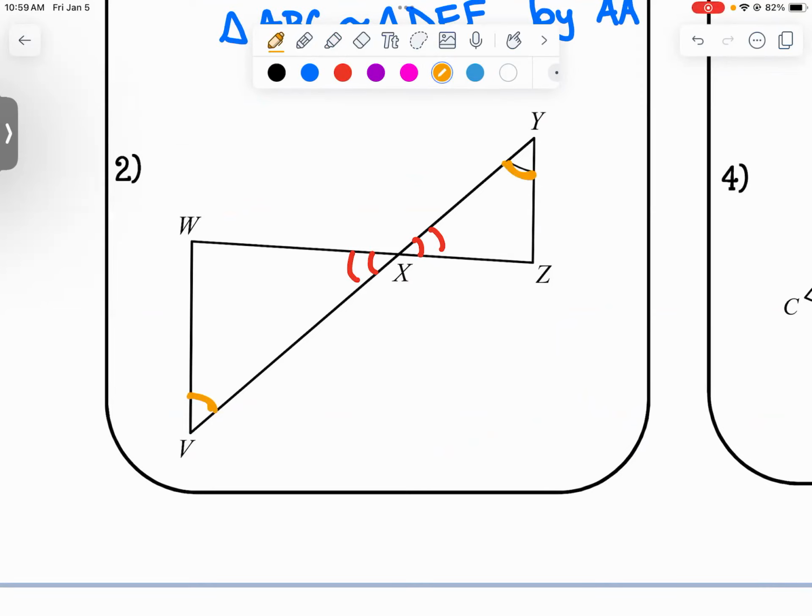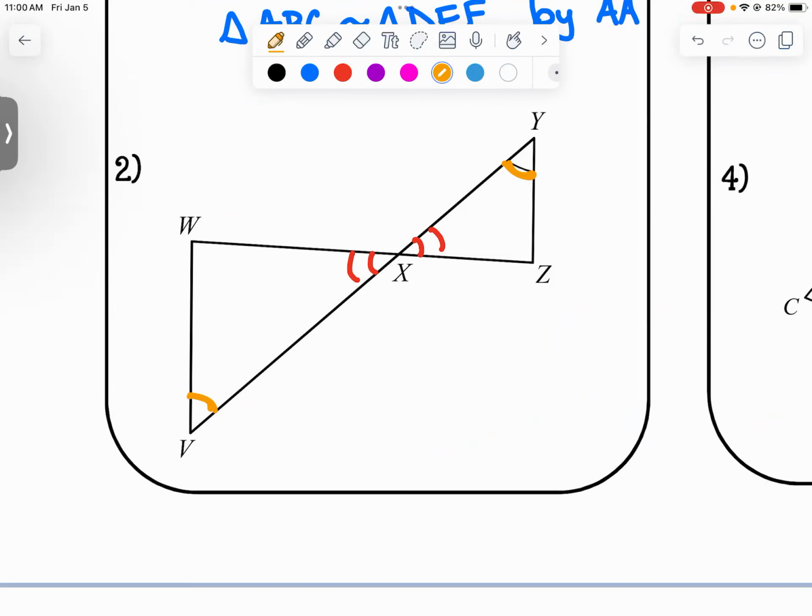So we have these orange angles that they already told us were congruent, whatever their measures might be. We have these red vertical angles that we know are congruent, whatever their measures will be, okay? So no matter what, whatever's left over out of 180, W and Z will have to be the same, okay?